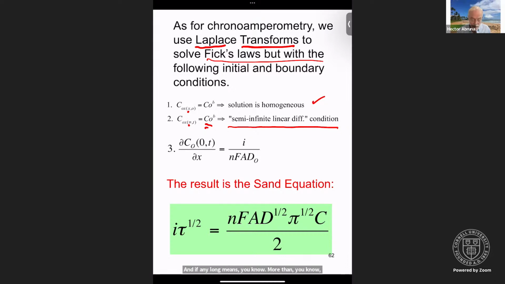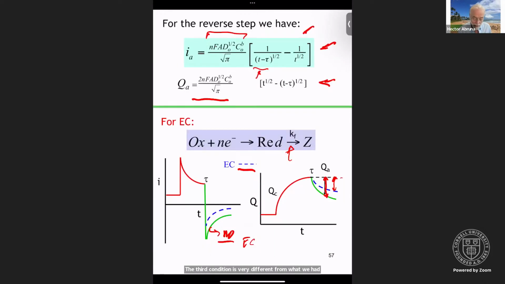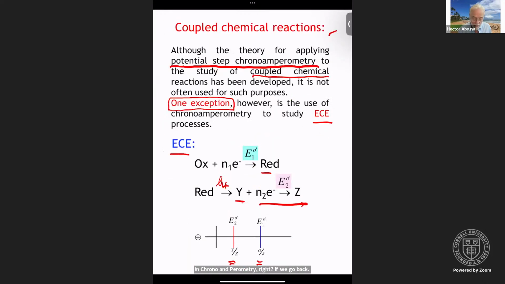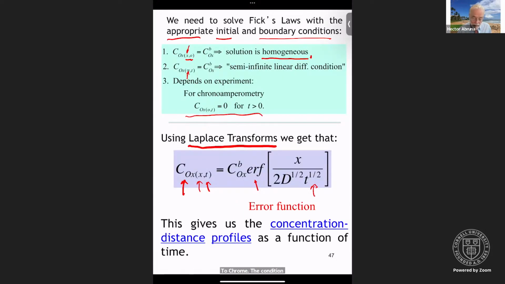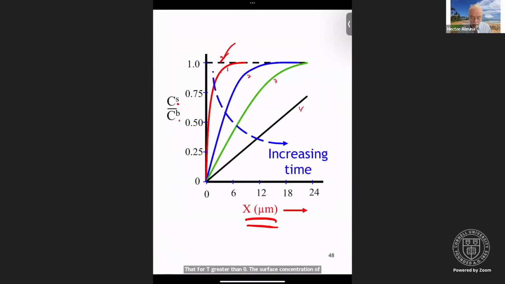The third condition is very different from what we had in chronoamperometry, right? If we go back to chronoamperometry, the condition was that for t greater than 0, the surface concentration of ox went to 0, right?